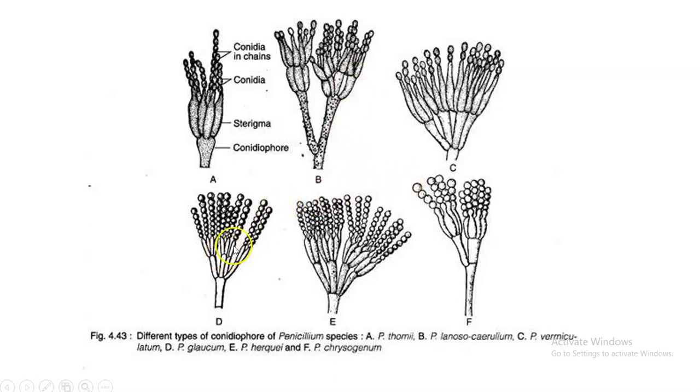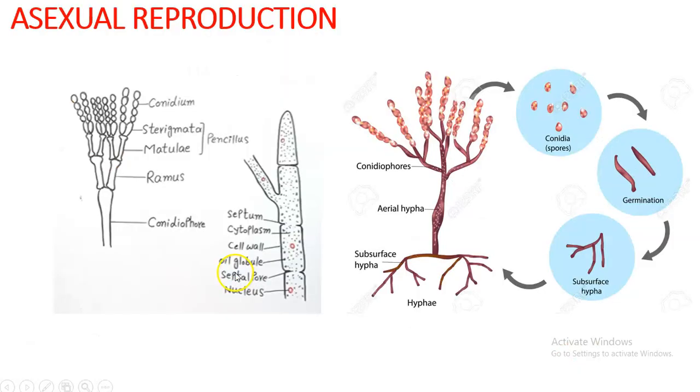Actually, one particular structure is missing here. Let us see this again. This is the ramus. So from the conidiophore tip there must be a ramus formation. From the ramus formation medullae has to arise.